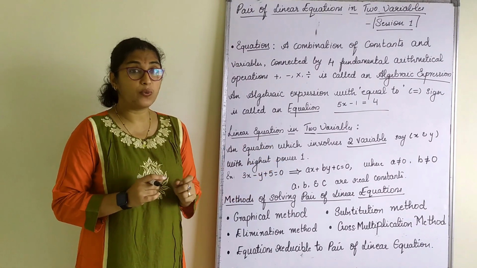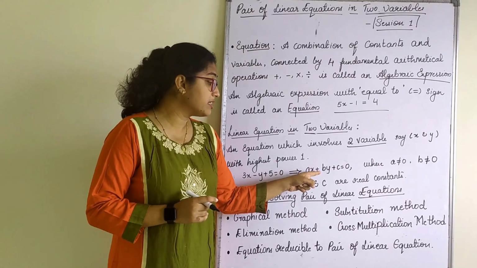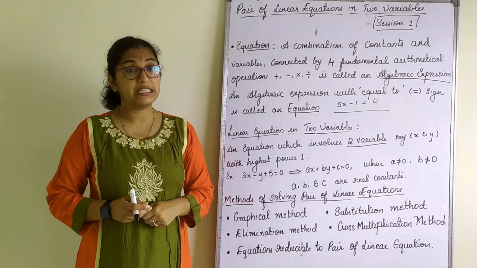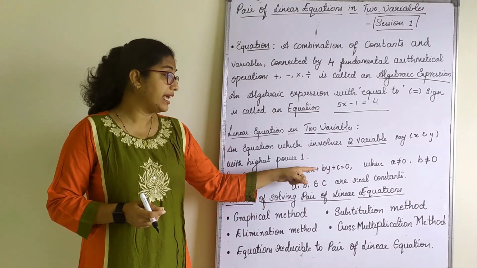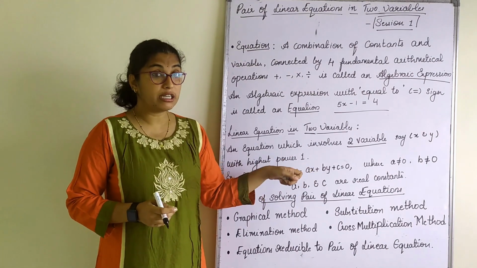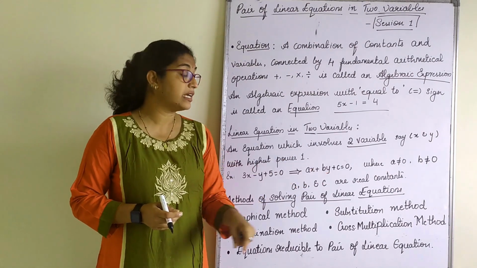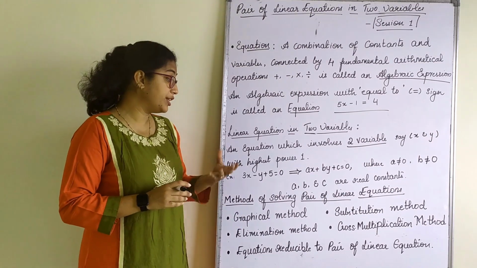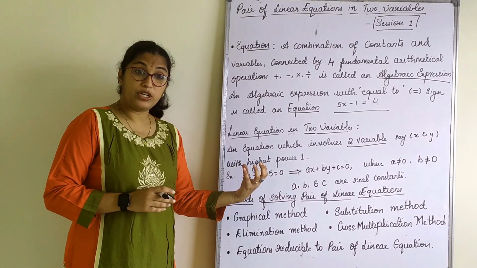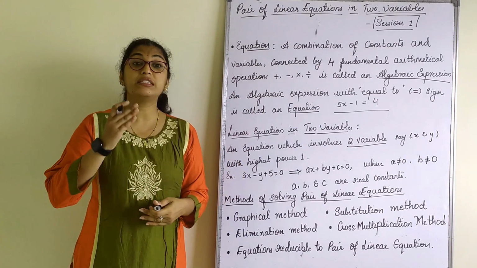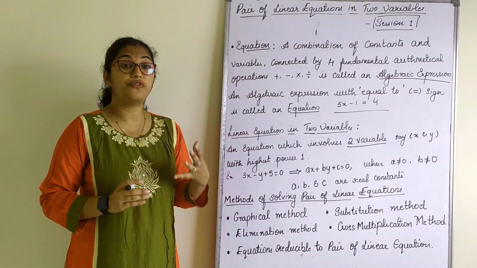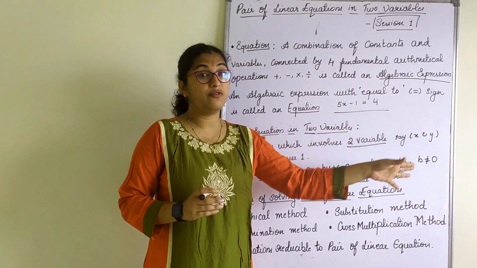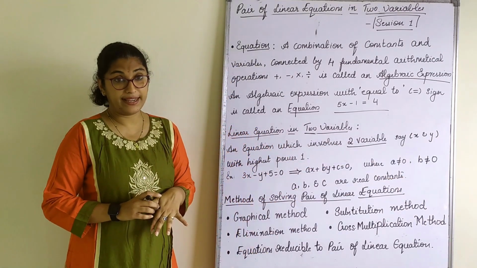So this is an equation of the form ax plus by plus c is equal to 0, where a and b are not equal to 0 and a, b, c are real constants. In this chapter we are going to solve a pair of linear equations simultaneously to find the values of x and y.